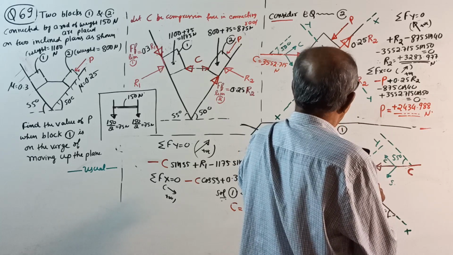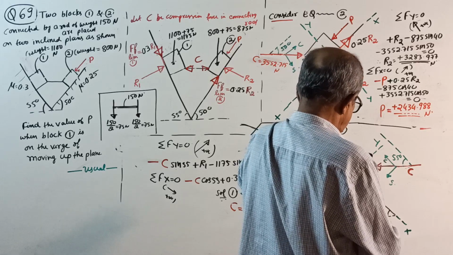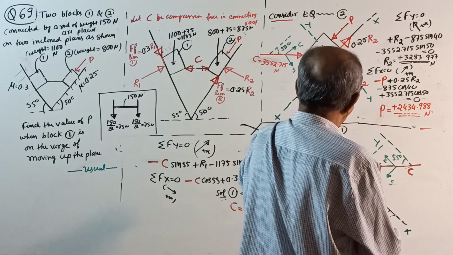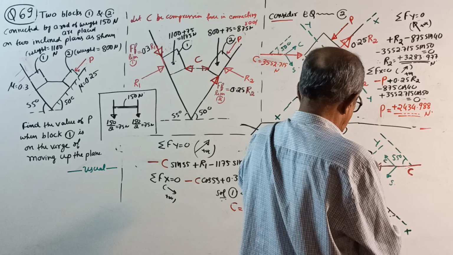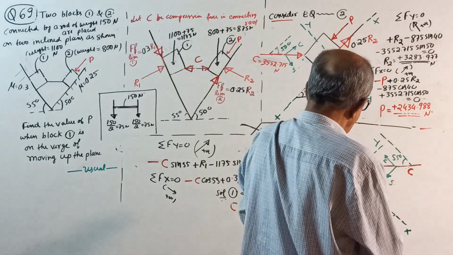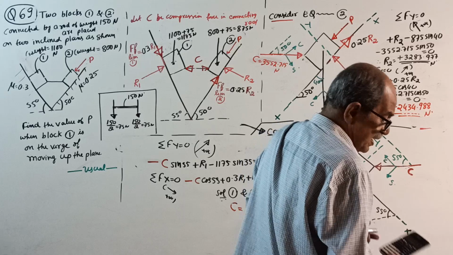Then minus 875 into cos 40. Lastly, plus 3552.715 into cos 50. 2231.